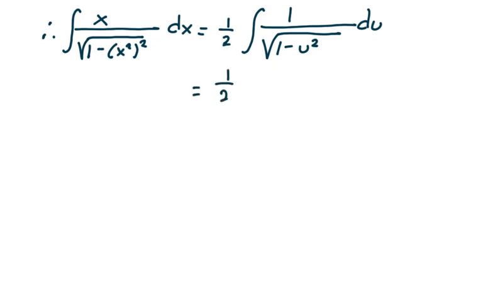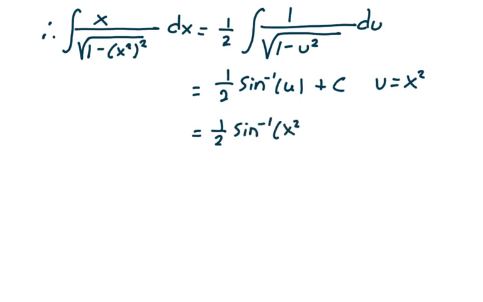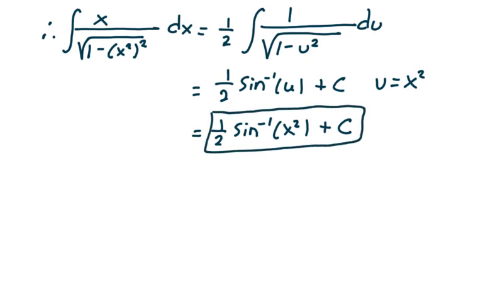So this is 1/2 arc sine of u plus c. But u is equal to x squared. So this is 1/2 arc sine of x squared plus some constant c. And that's how we do problem number 10.